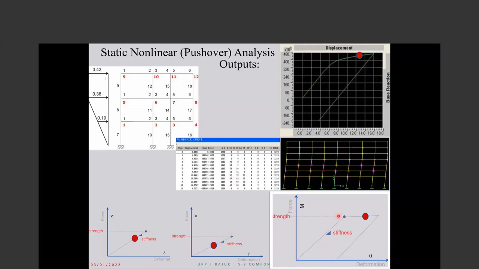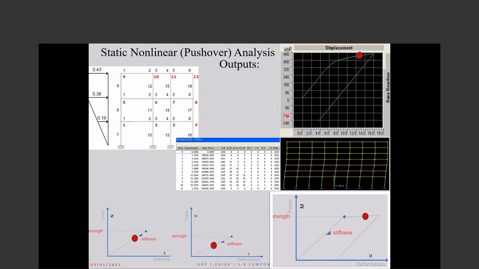And for this deformation control, again, this part is given by the code for existing buildings. So we model the building in the software that is capable of nonlinear analysis. Either the software already has these requirements built inside, or we give the properties of the elements to the software.